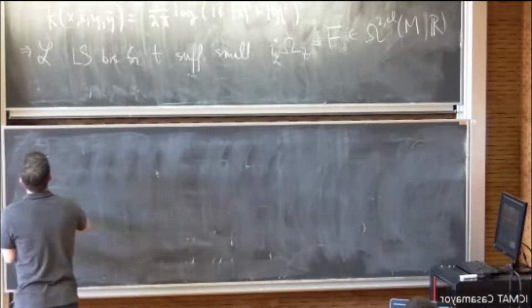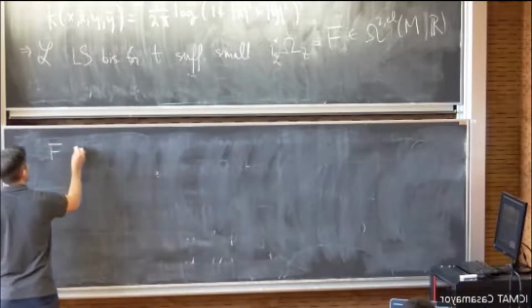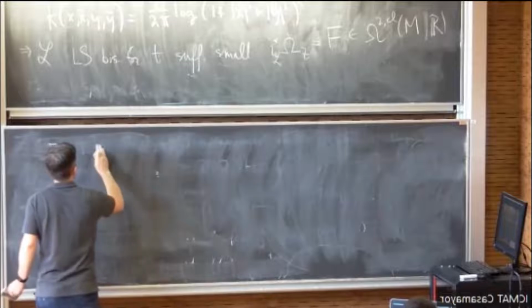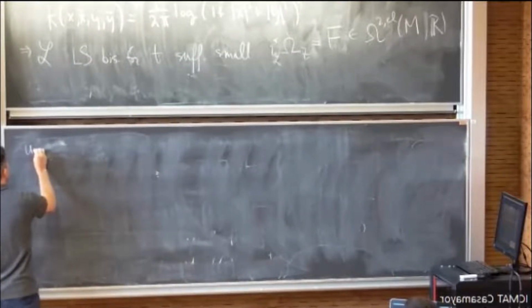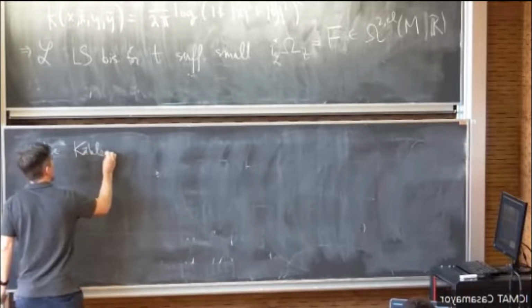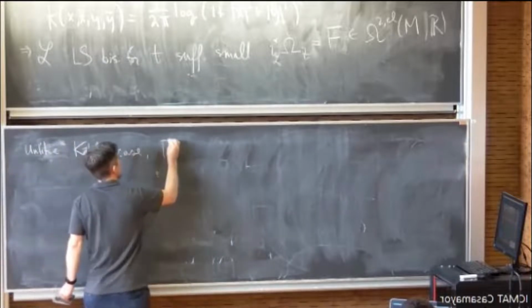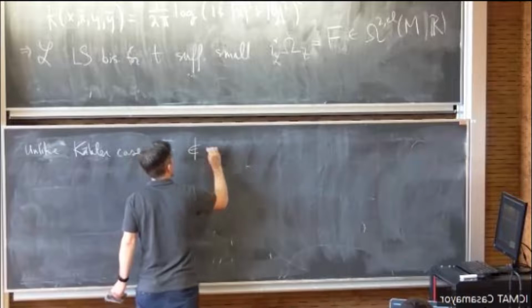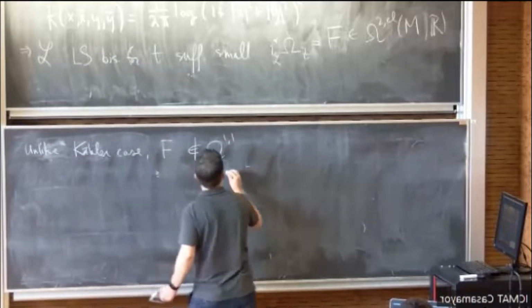What you end up with is this two-form F. So unlike the Kähler case, F is not type (1,1).